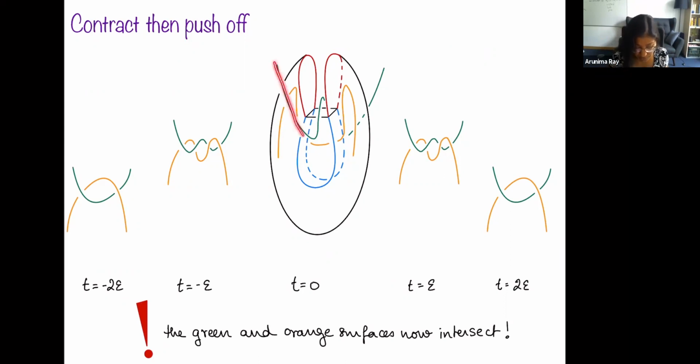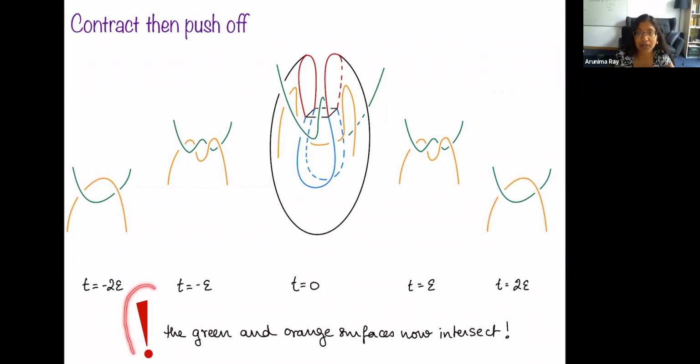And so because I've moved my green thing in the middle to look like this, I also have to move it similarly in an adjacent time slice and also in either direction. And then similarly for orange, because I've moved it downwards like this, I also have to move it downwards like this over here in the adjacent time slices. But I want to do a local move, so at the ends, I still have my previous picture that looked like this.